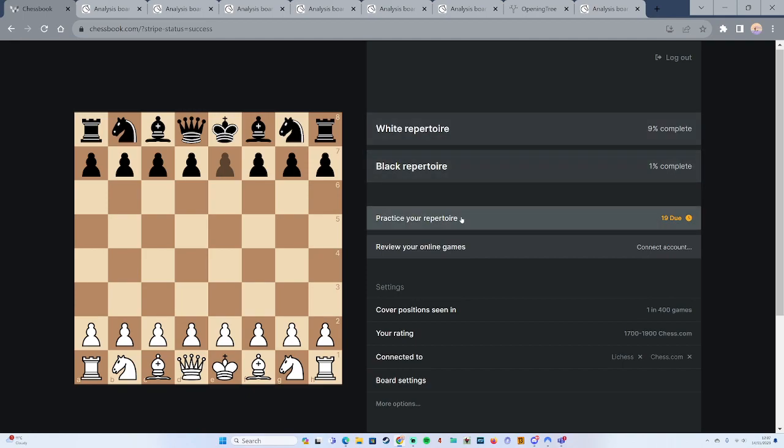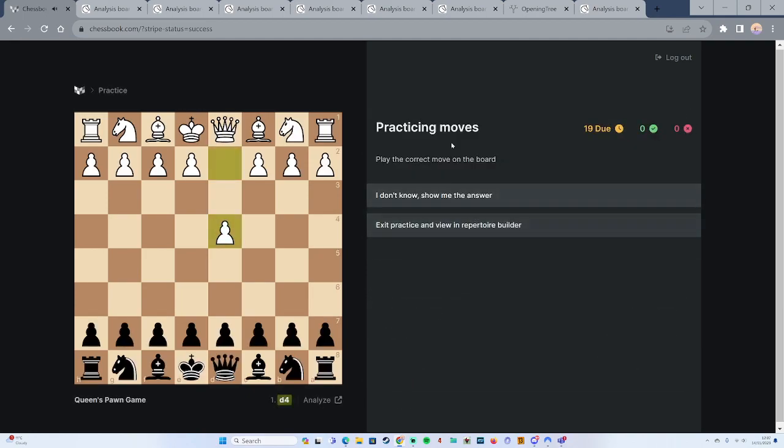But I'll show you. So this is how the practice works. Basically, depending on how many openings you've got, it can test you in any opening. But it will essentially give you a move and you've got to play what your repertoire is. And you can say you don't know, or you can try and get as many right or wrong. So we know that if he does this, we're going to go with this. Correct. And we're going to go with this. Correct.